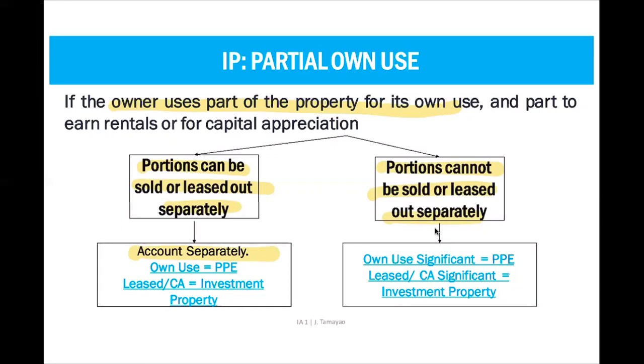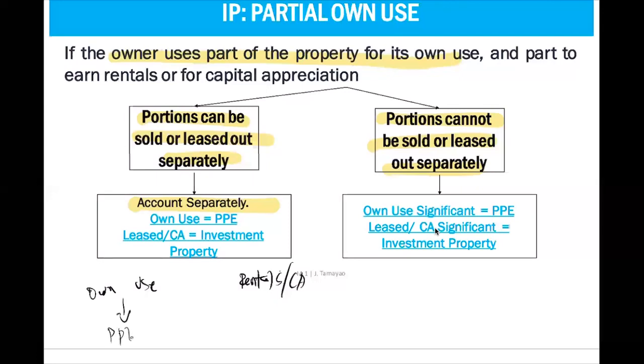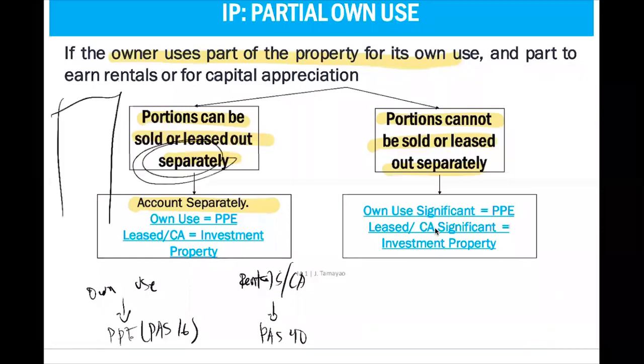Okay, so if the portions can be sold or leased out separately, account for it separately. So yung own use at saka yung for rentals or capital appreciation. Pag own use yan, ilagay sa PPE under PAS 16. Pag rentals or capital appreciation, ilagay yan sa PAS 40 if it can be separated. So for example, you have here a building.